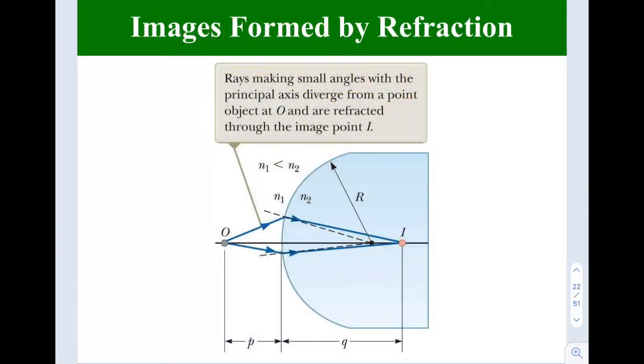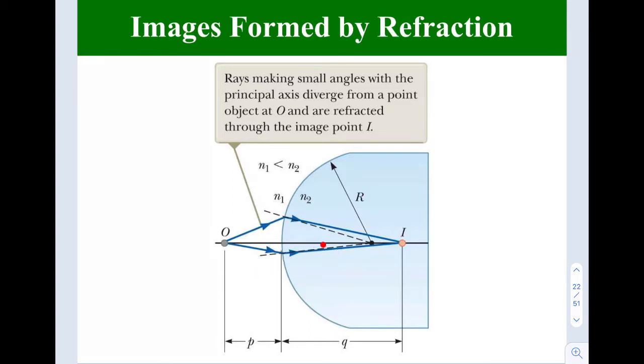Okay, now we are on subtopic 35.3, image formed by refraction. In this section, we are going to describe how images are formed when light rays follow the wave under refraction model at the boundary between two materials.